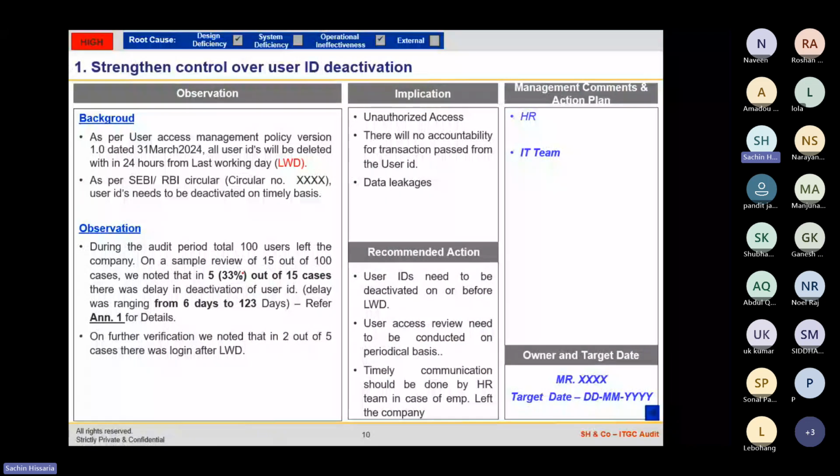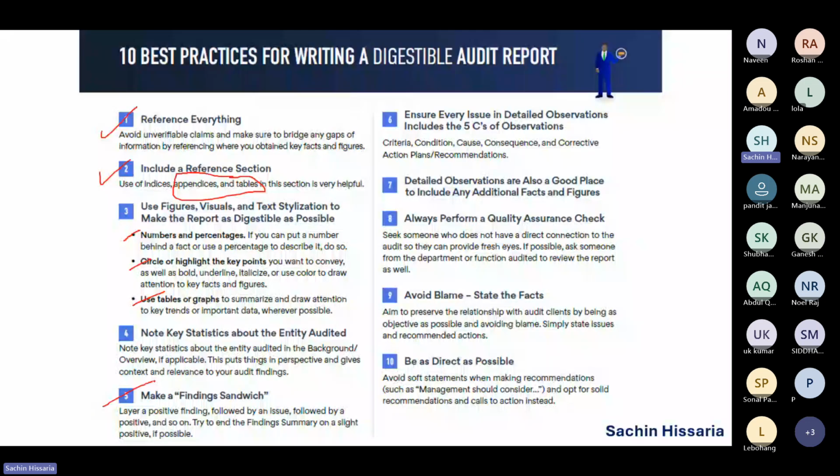So every observation should include what, guys? Criteria, condition, what was the cause, what were the consequences, what was the corrective action, and the recommendation. You need to include those things in your audit report.